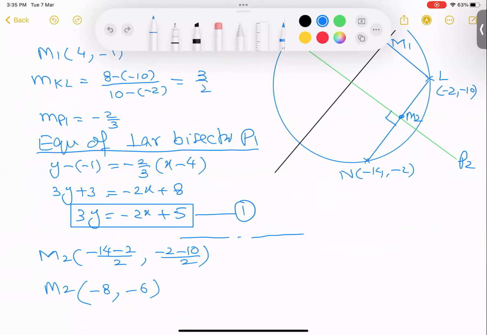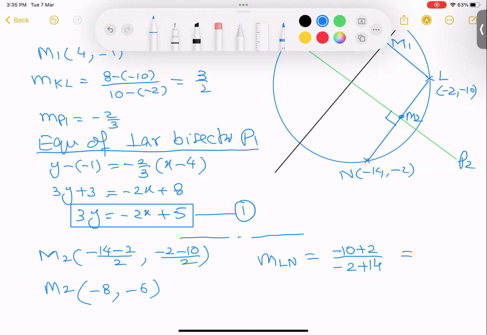So students, now I'm going to go for the gradient of LN. So let's find the gradient of LN: y2 minus y1 over x2 minus x1. Let me recheck, because a small mistake can create trouble.